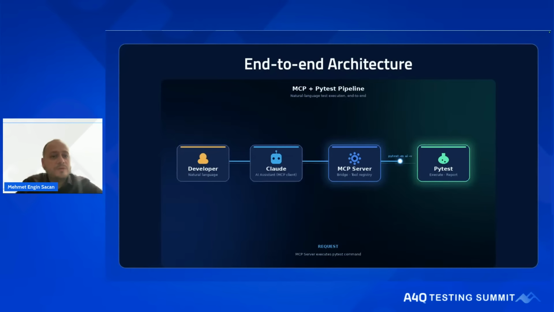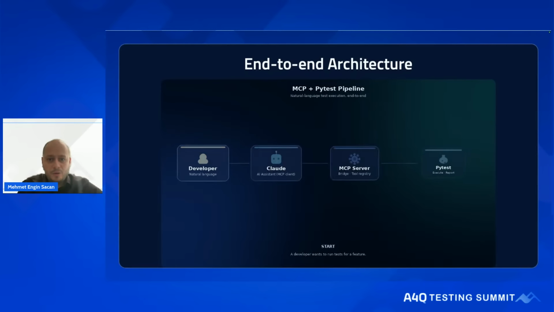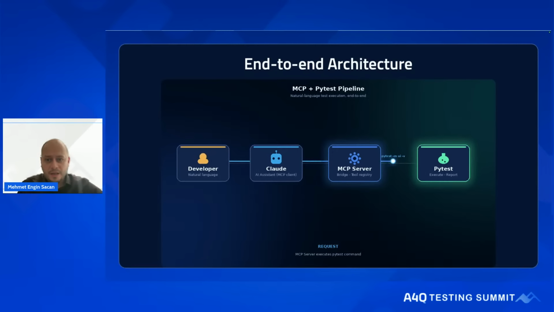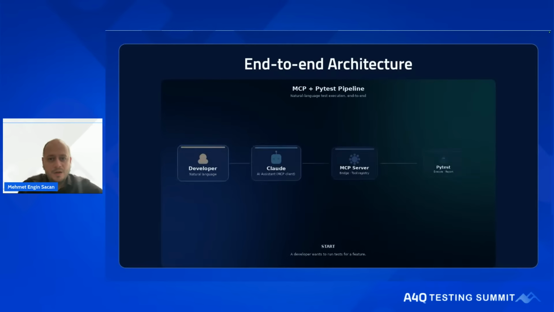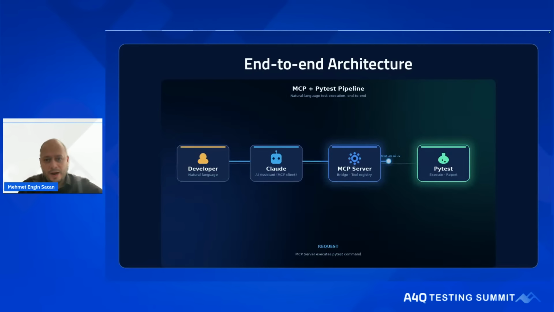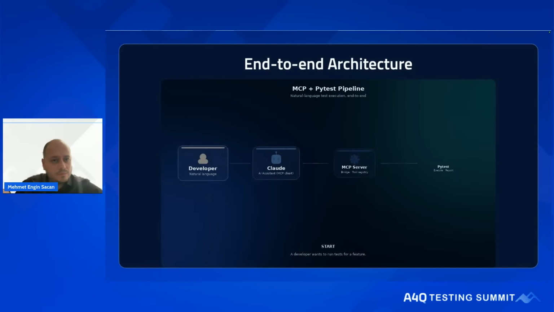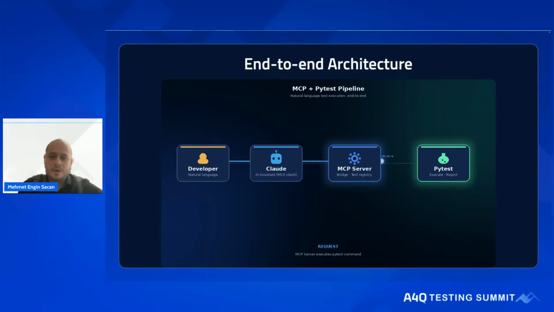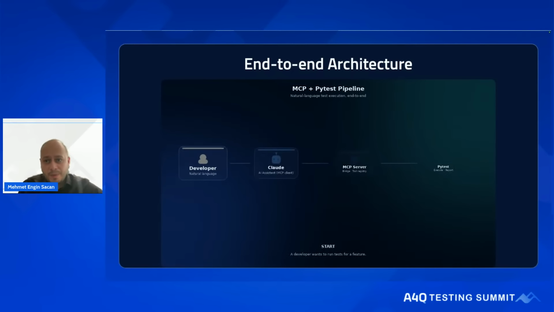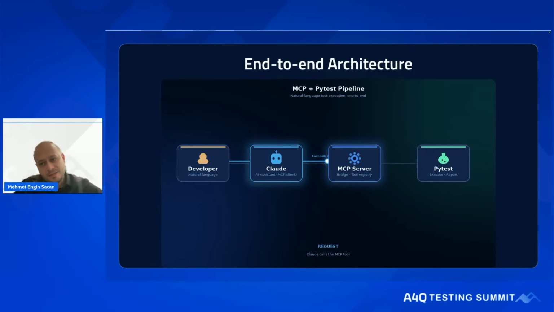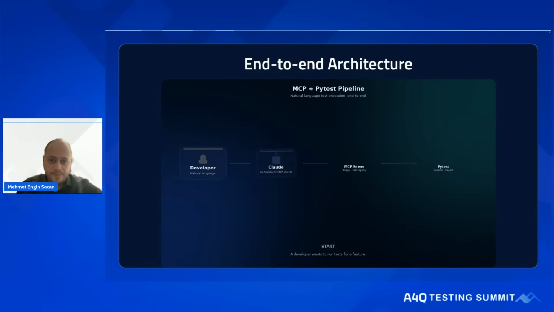So here's the full flow. Let's check the animation. A developer asks Claude in plain English, run the UI tests. Claude maps that to an MCP tool call, run tests with markers equal UI. The MCP server translates that into the actual Pytest command, pytest -m UI -v with a JSON report.